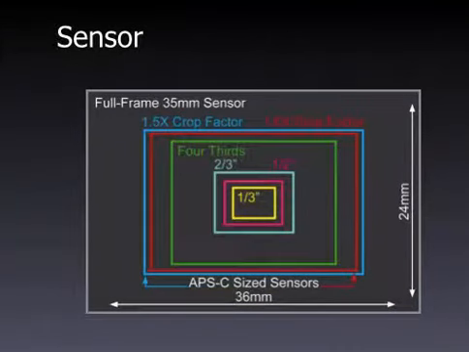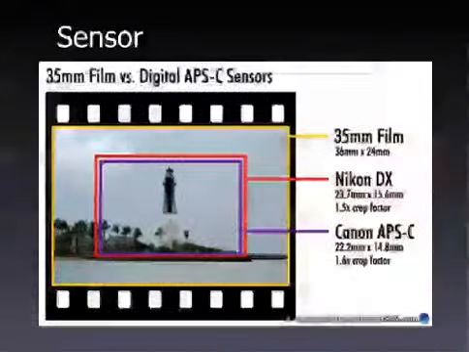The other difference between the professional and the beginner is the size of the sensor which records the image. The old-fashioned film-based cameras were 35mm because that's how big the film was that was exposed for each image. So in the professional camera, that is also 35mm. But in the cheaper cameras, they've cropped it so it doesn't record quite as much.